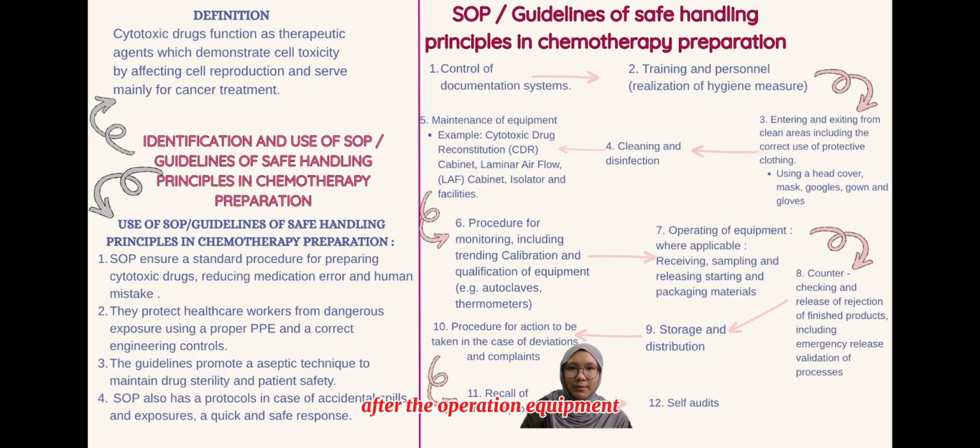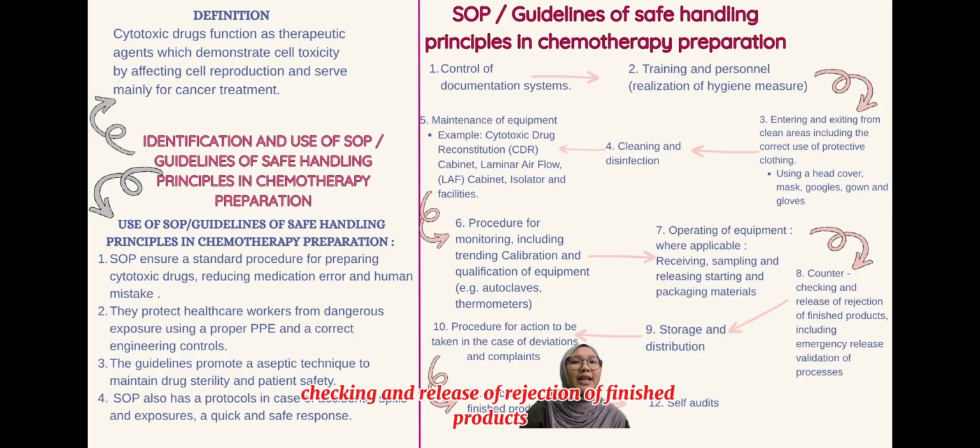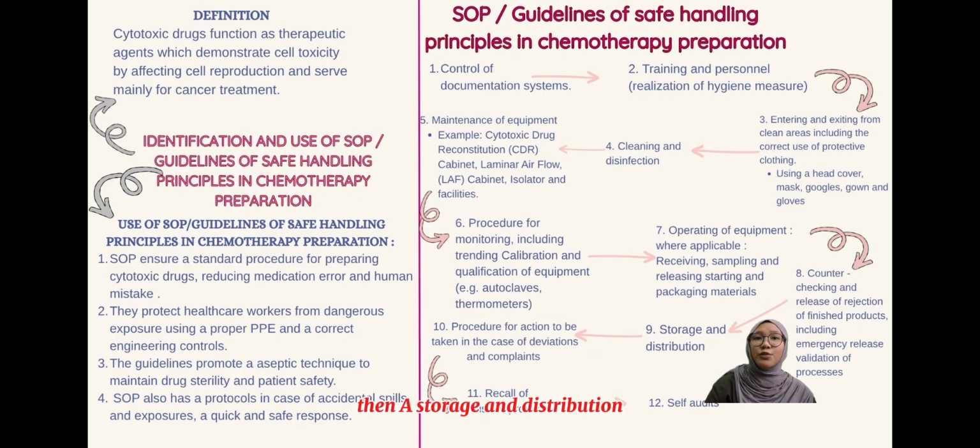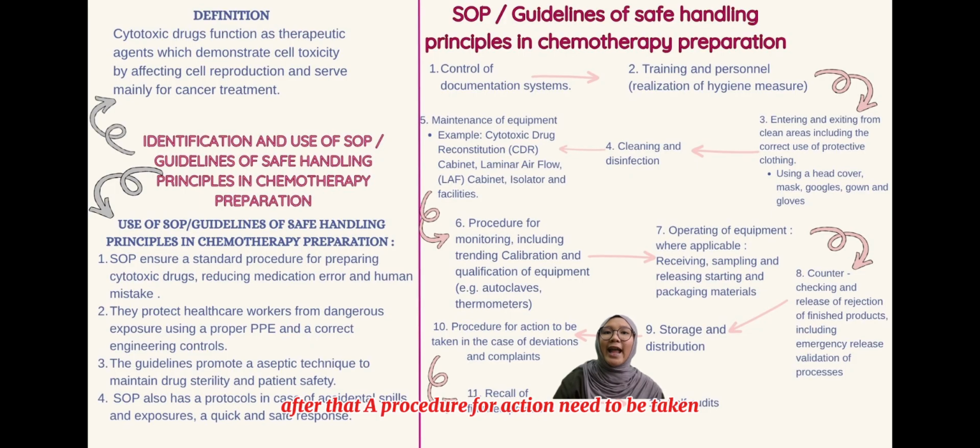After the operation of equipment, we have counter checking and release or rejection of finished products, including emergency release and validation of processes. Then storage and distribution. After that, a procedure for action to be taken in case of deviation and complaints. We must recall finished product. Lastly, we need a self-audit for ourselves.